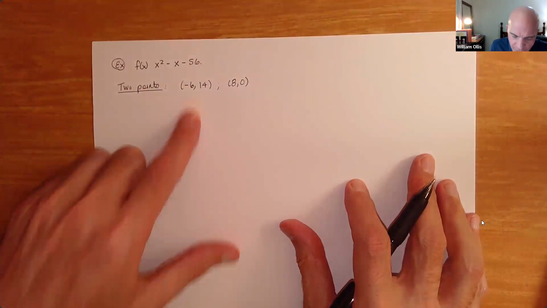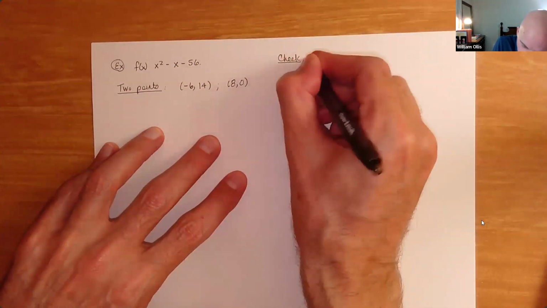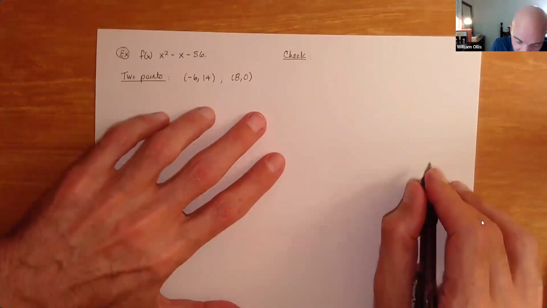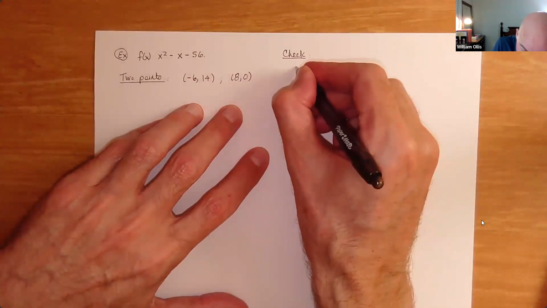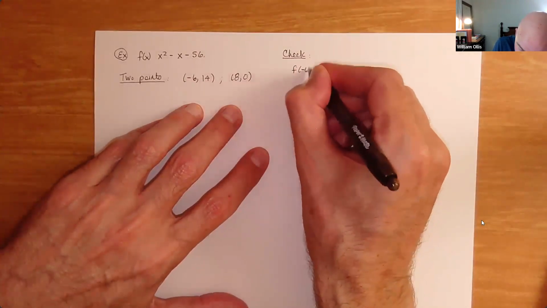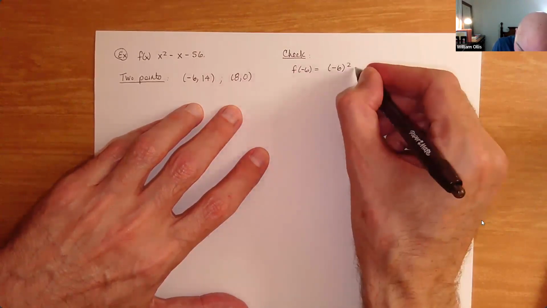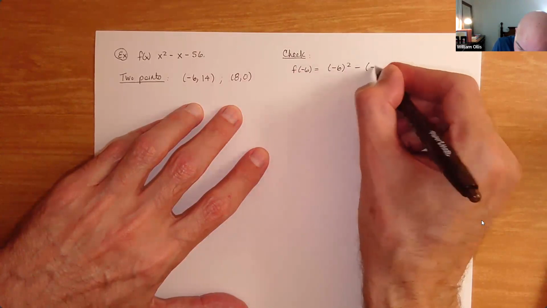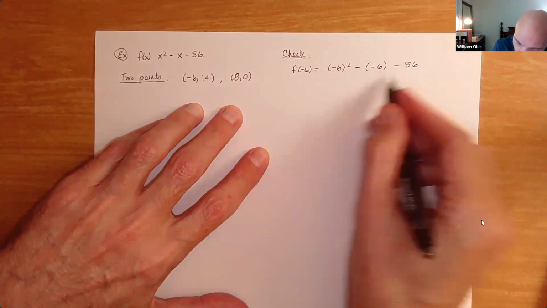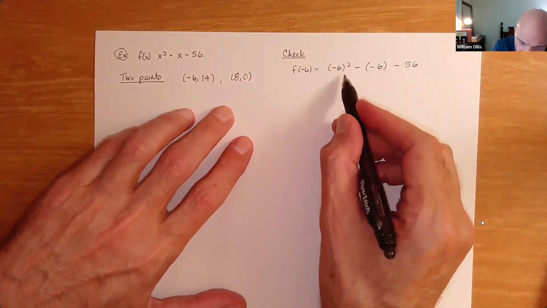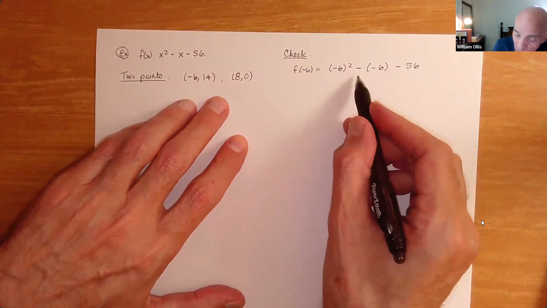So what you can see here, let's just do a check. You don't have to believe the statement of the problem or believe anything. Let's just do a quick check of this. Notice we have f of -6 equals (-6) squared minus (-6) minus 56. Now, of course, if you want to look at this from the standpoint of factorization, we can do that.